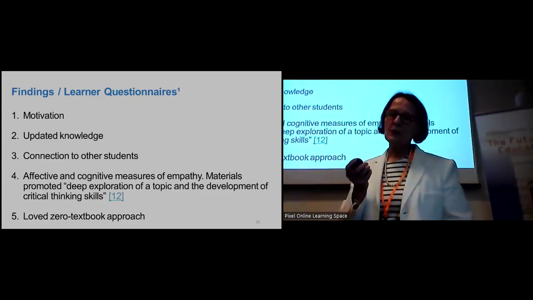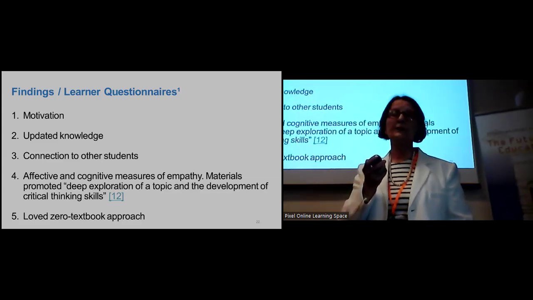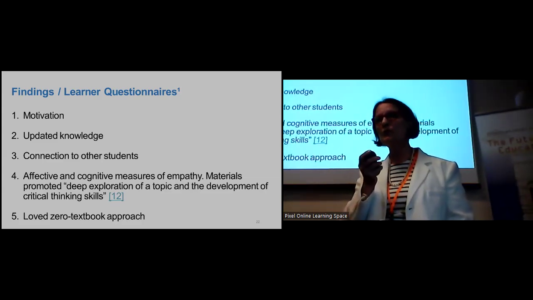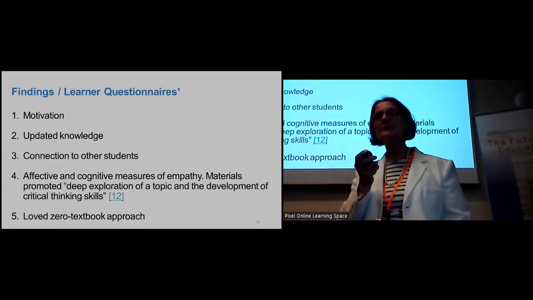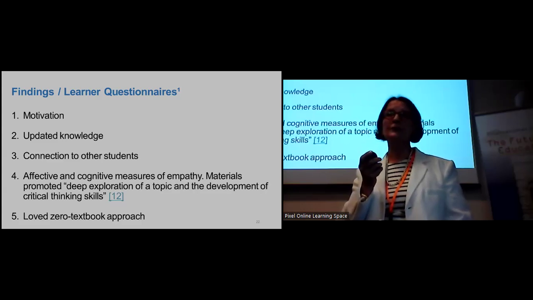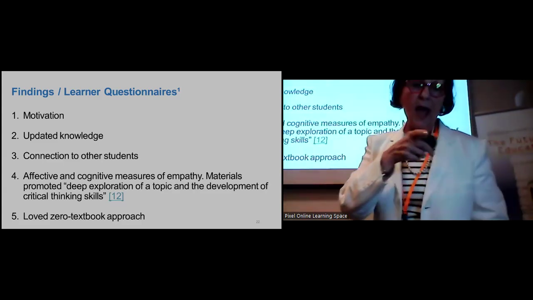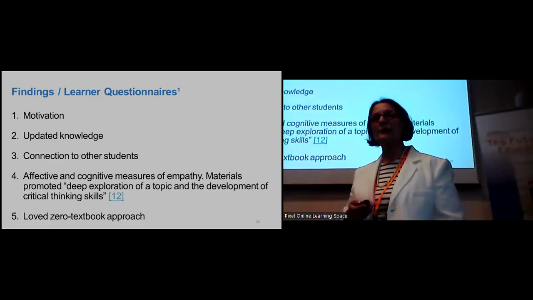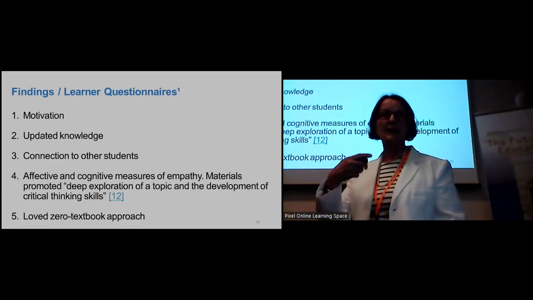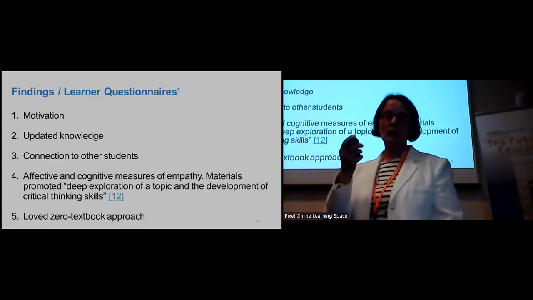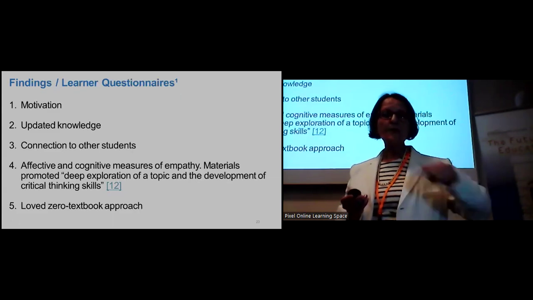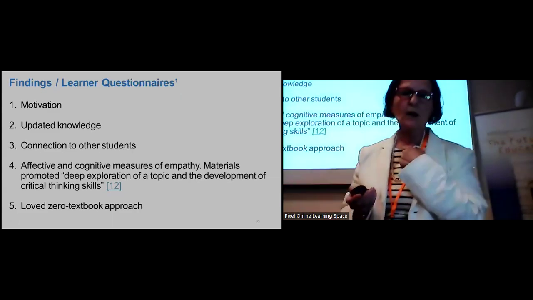And the other thing was their affective and cognitive measures of empathy was developing because we were using current materials from all over that was appropriate to their learning objectives. And they loved the zero textbook approach because they didn't have to pay for it and they were learning current knowledge.